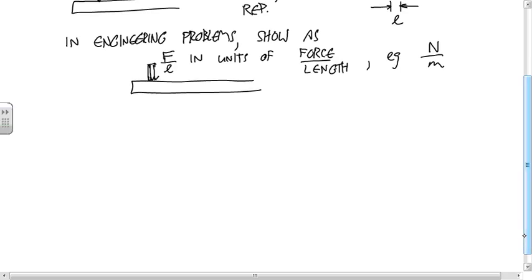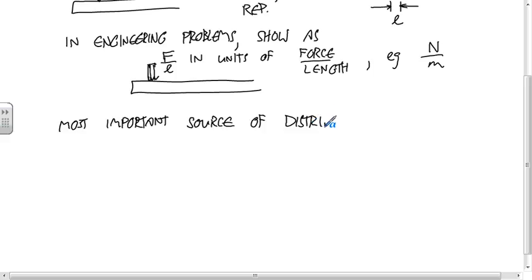The most important source of distributed loads is weight, whether it's the weight of the object you're dealing with or another object that's pressing down on your chosen object. So most of the time when we deal with distributed loads, it's going to be because of object weight.